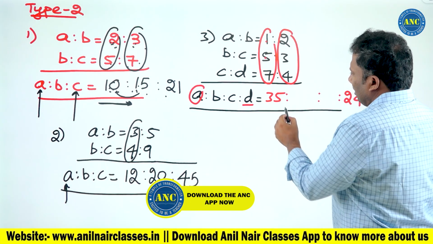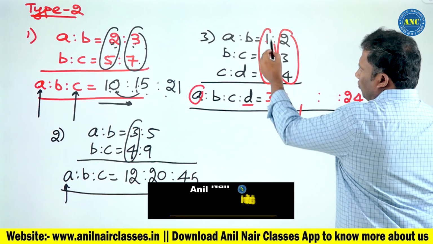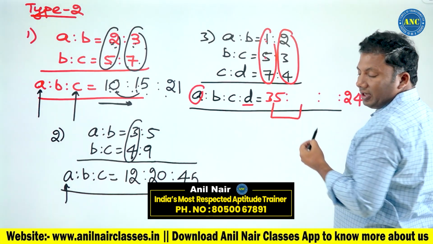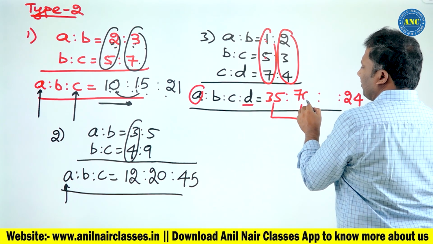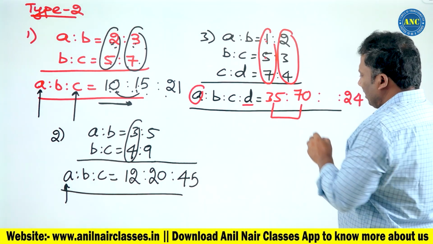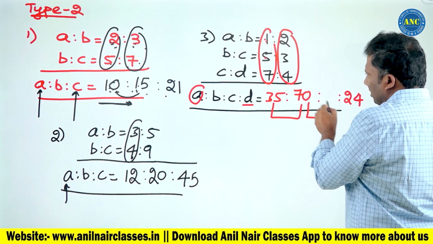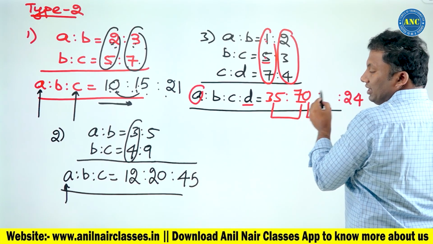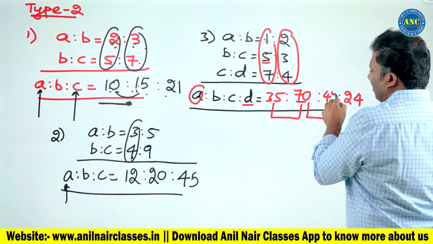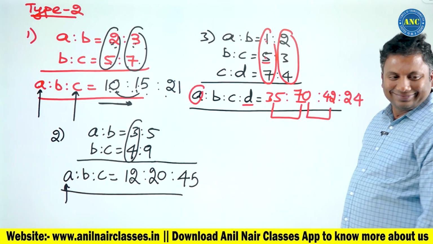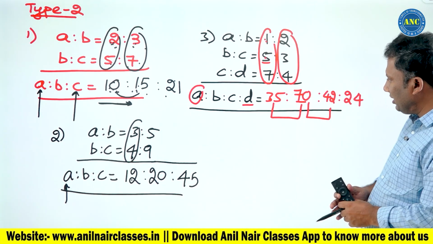Next, A is to B: 1 is becoming 35, 1 35s are 35, 2 35s are 70. Next is B is to C: 5 is becoming 70, 5 14s are 70, 3 14s are 42.